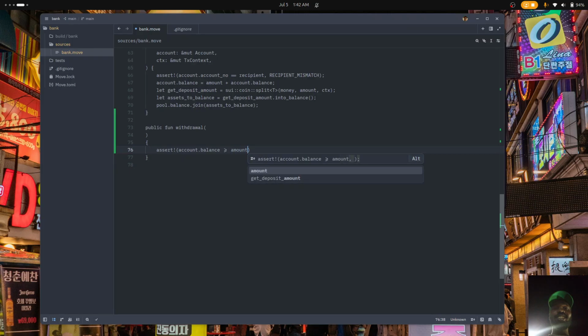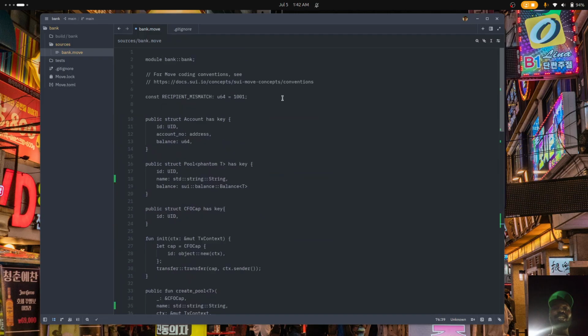Then, there are going to be some service charges. Since there are going to be some service charges, I wouldn't want to take every bit of the balance. It strictly has to be greater than. Then if this fails, I'll write something here.